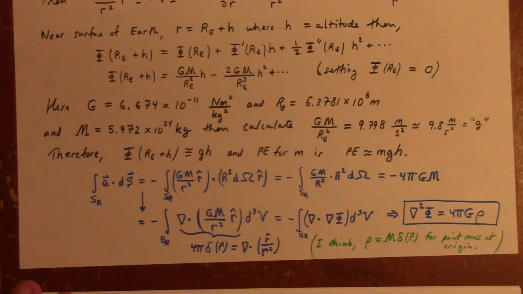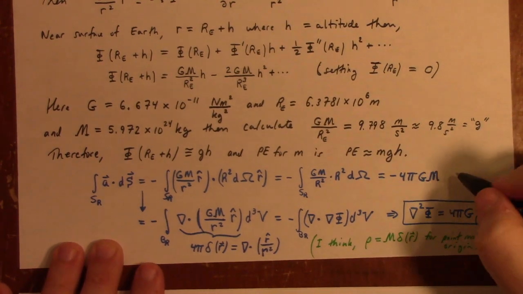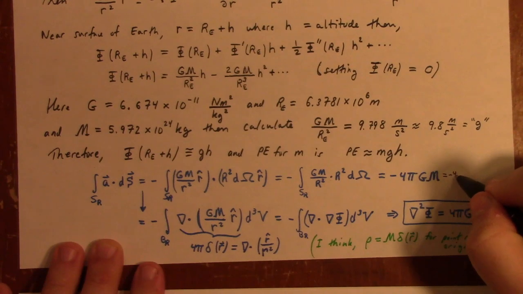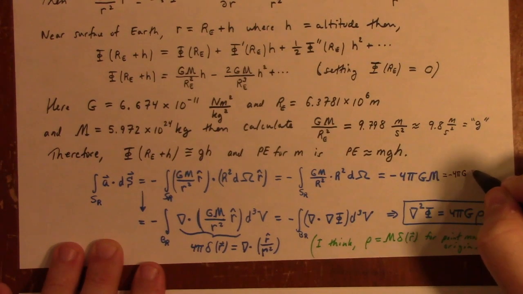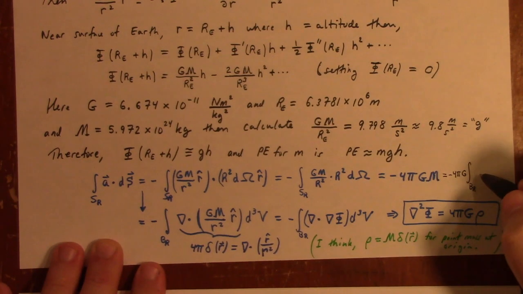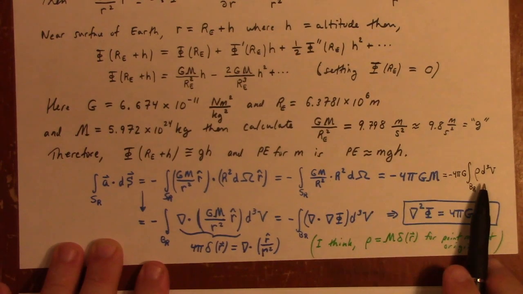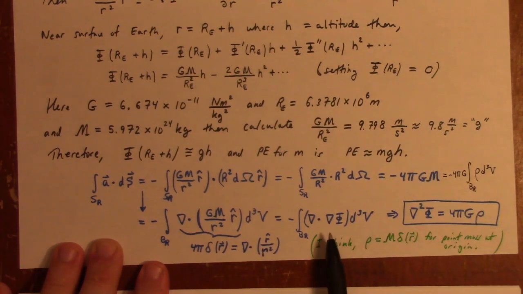So maybe I should add that to seal the deal. This is minus 4 pi G integral over the ball of radius r of rho, the mass density, d3v.